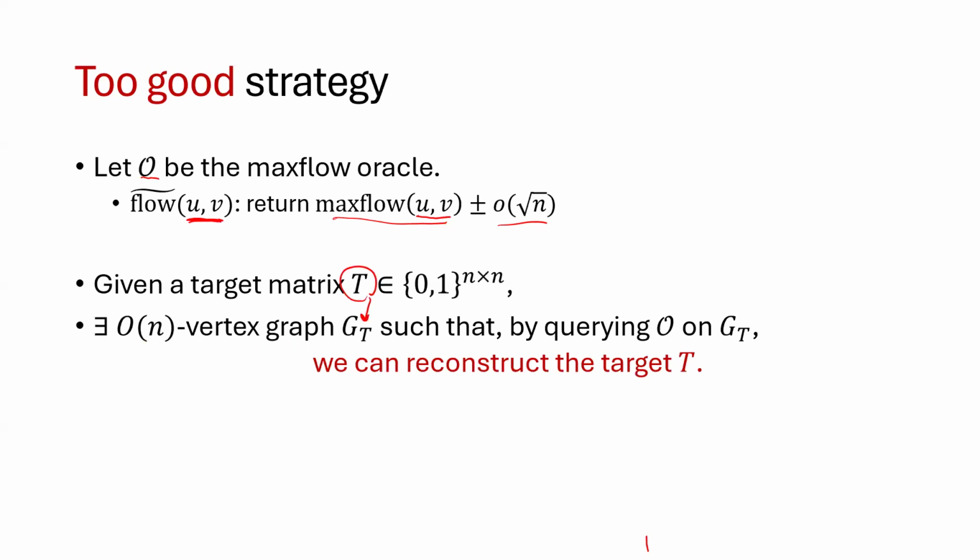From this matrix you can construct another graph GT, such that by using this oracle to query on this graph, you can reconstruct T. If we can do this, we are done, right? Because this matrix can basically encode n square bits. Given any matrix, you can construct a graph such that by working with this graph using your oracle, you can reconstruct the matrix. Then basically one of the graphs must require n square bits.